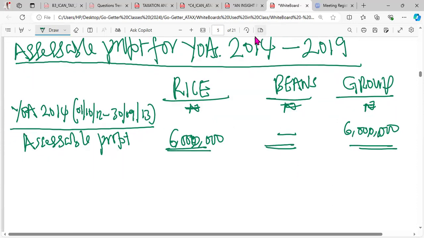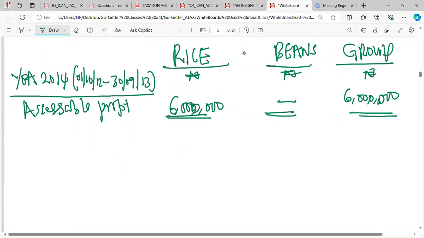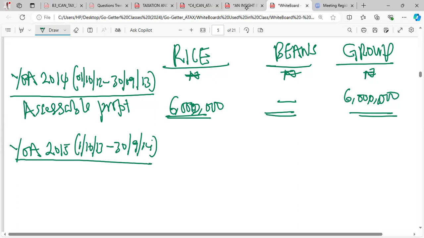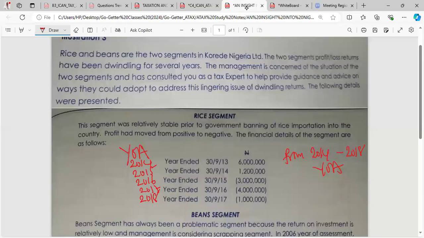All right, we go to the next year. Year of assessment 2015. Of course, that will be from 1st of October 2013 to 30th September 2014. Are we given profit? Accessible profit is 1.2 for rice.